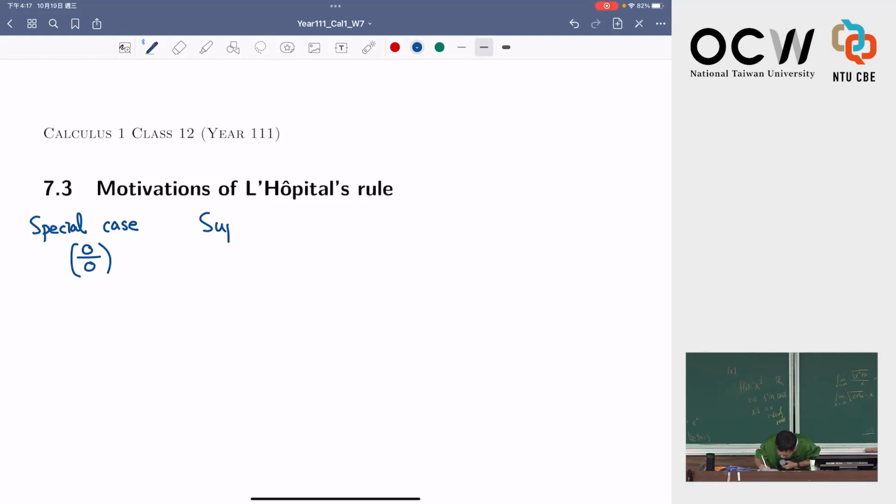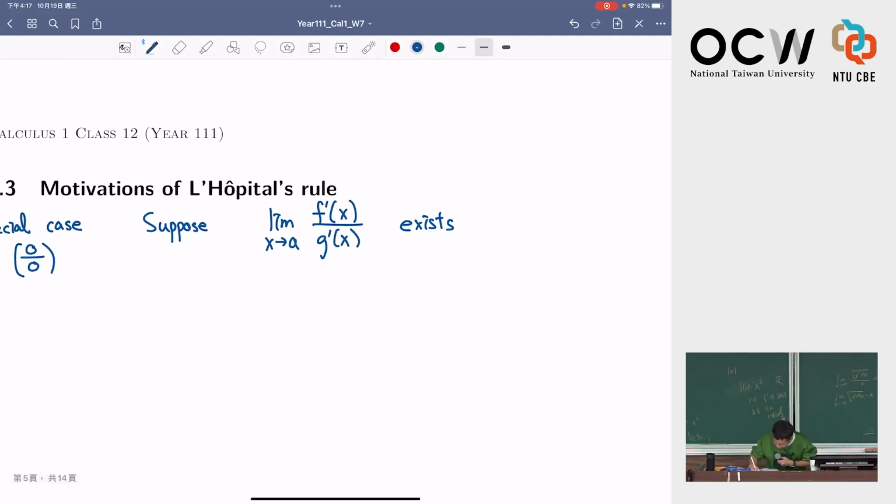Suppose the limit of f prime x over g prime x as x goes to a exists, okay? Let me say exists, or at worst, plus or minus infinity. So it won't be oscillating.